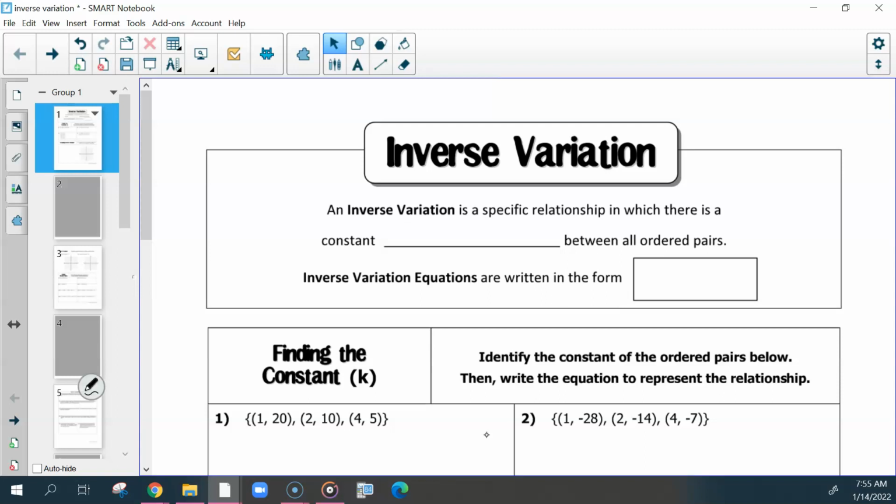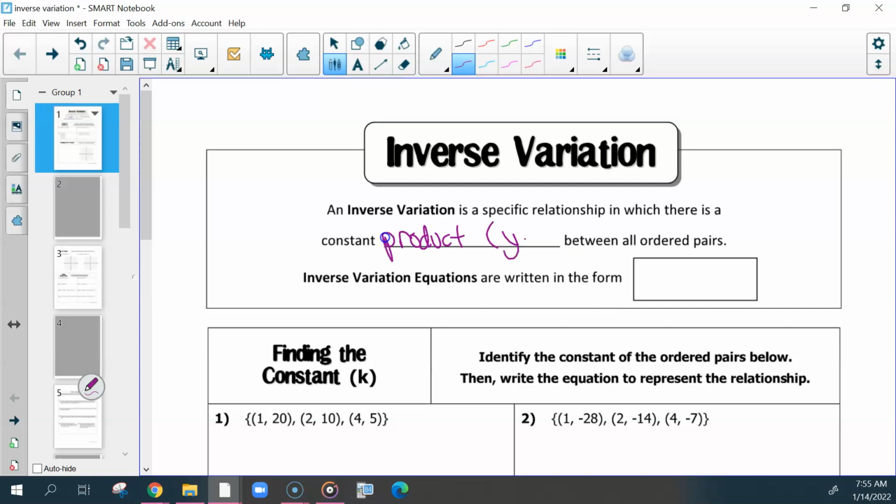A lot of what we talk about for inverse variation is going to be related to what we talked about in direct variation, but it's going to be like the opposite. So an inverse variation is a specific relationship in which there is a constant product. Remember in direct it was a ratio.